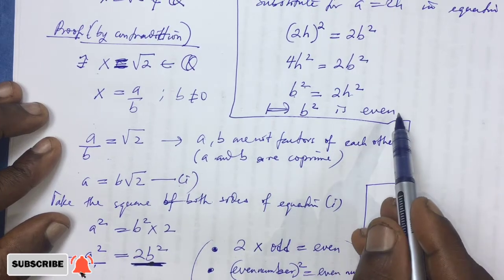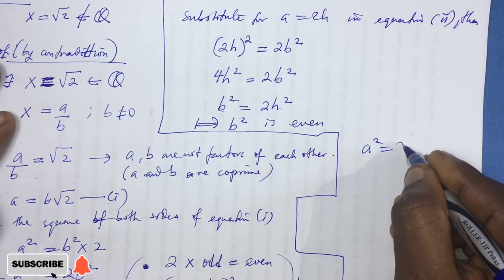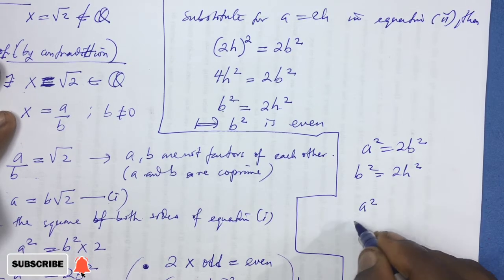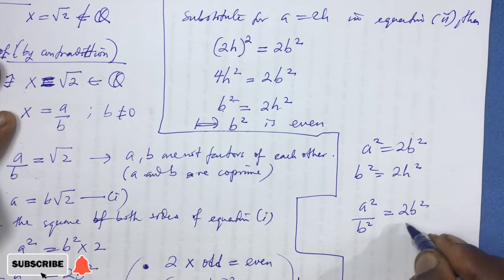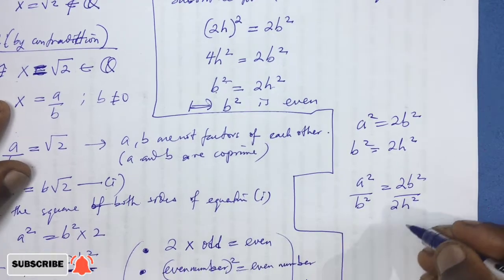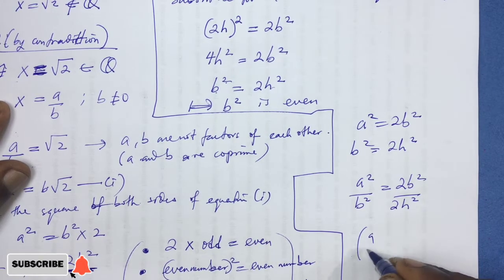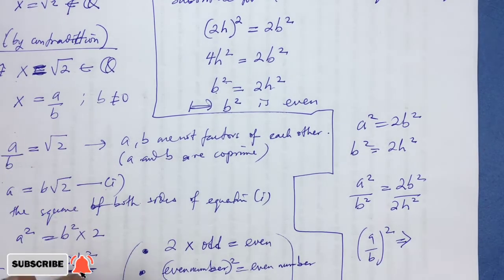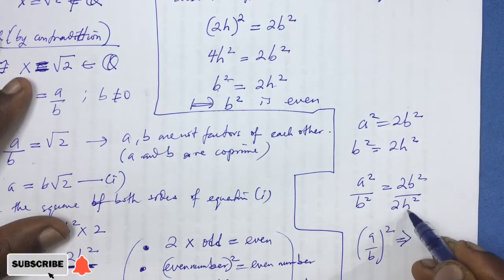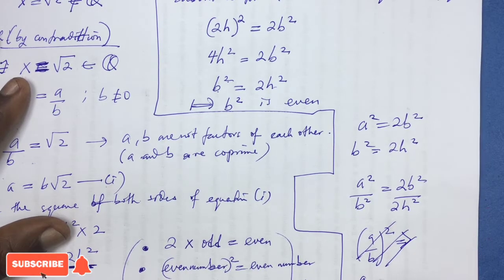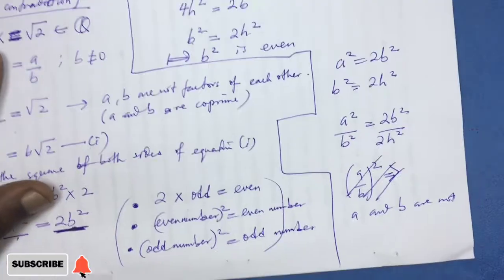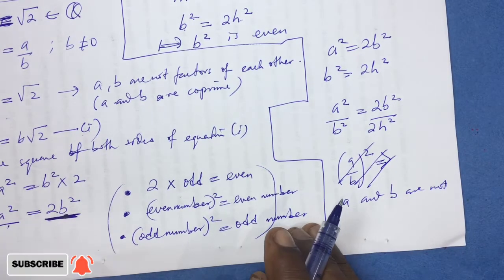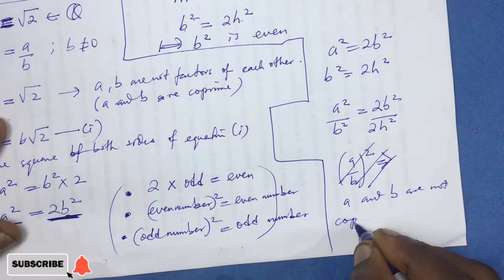But since a squared is equal to 2b squared and b squared is equal to 2h squared, it tells you that, contrary to the assumption we made, a and b are not co-prime.